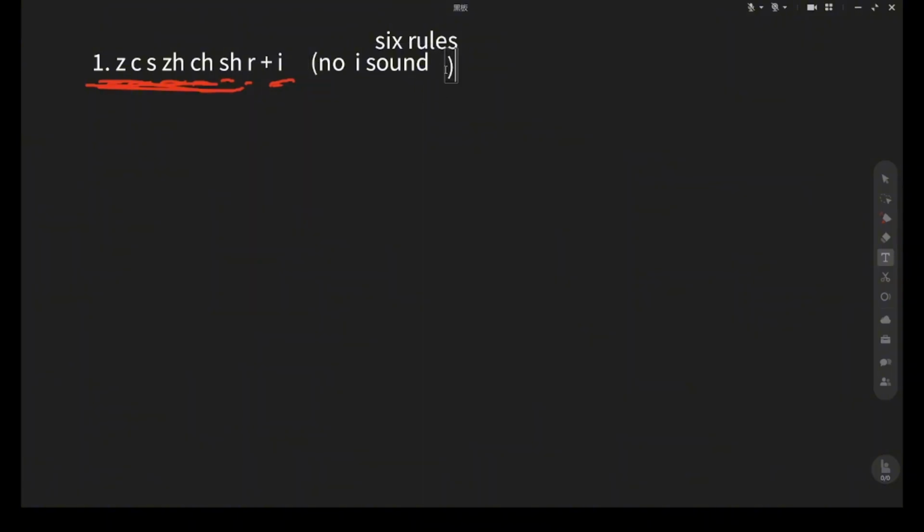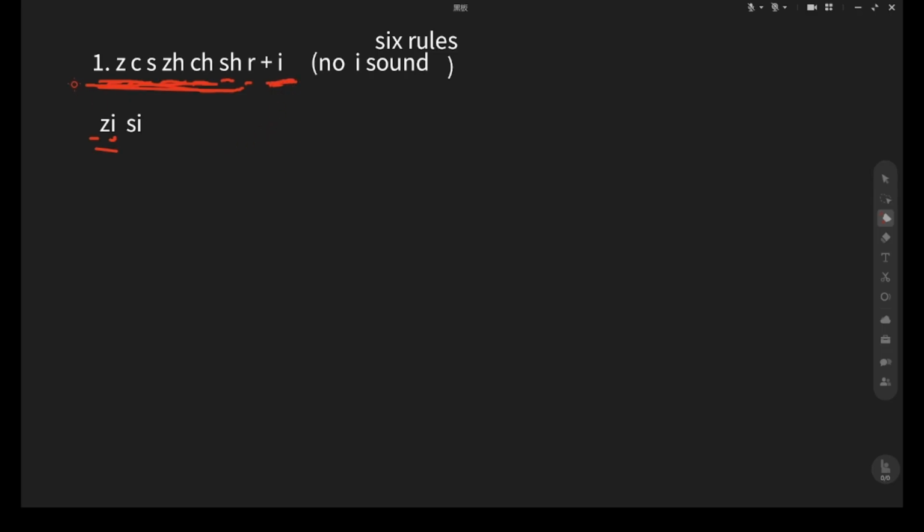What that means, for example, how do you read this pinyin? The first one: the consonant is z, the vowel is e. Remember, when this group is together with this e, there is no e sound.